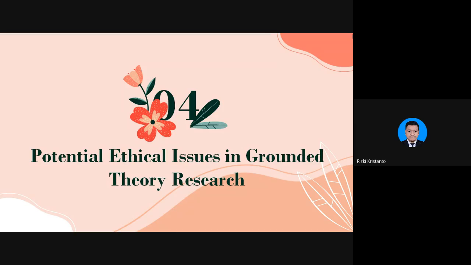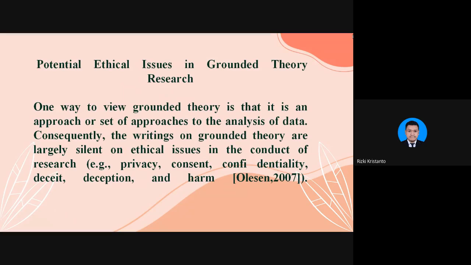Now, in outline number 4, we have potential ethical issues in grounded theory research. Next, potential ethical issues in grounded theory research. One way to view grounded theory is that it is an approach or set of approaches to the analysis of data.